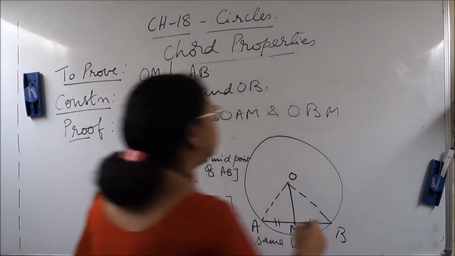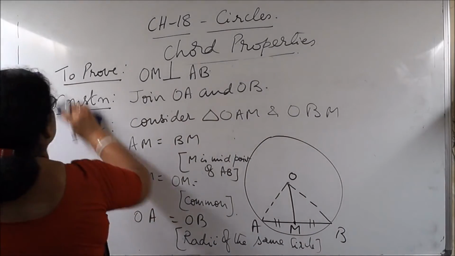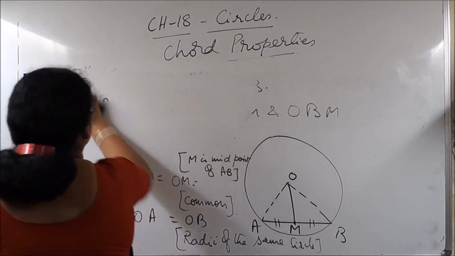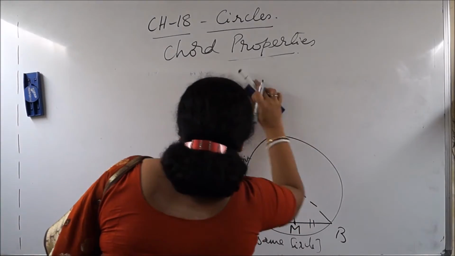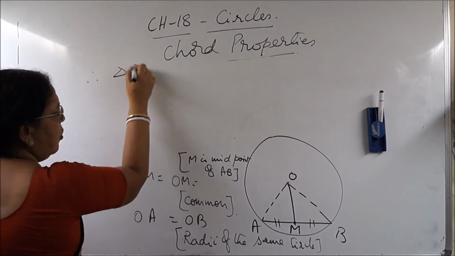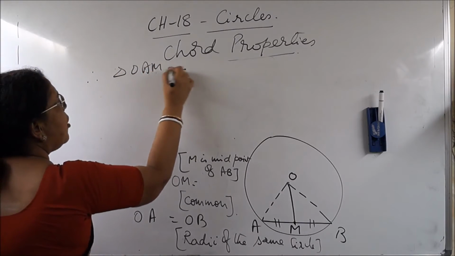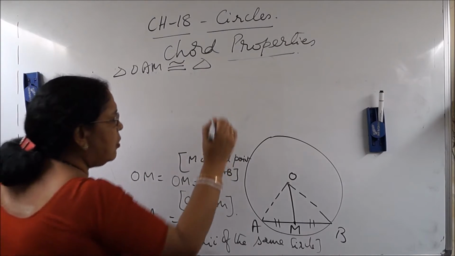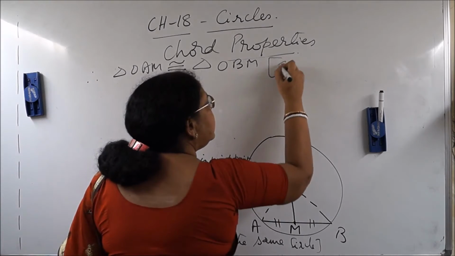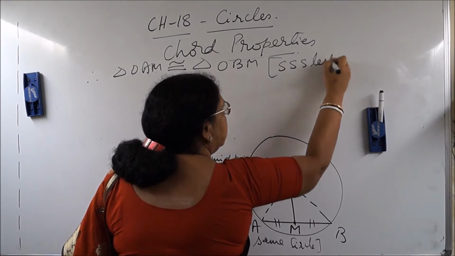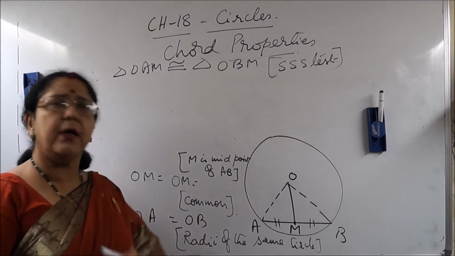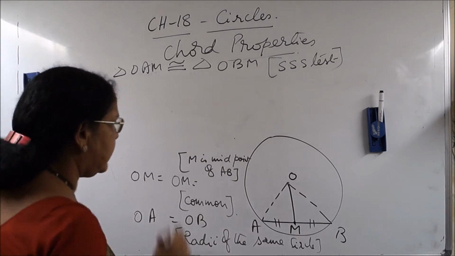So it follows, therefore, triangle OAM is congruent to triangle OBM by the SSS test: three sides of one triangle are equal to the corresponding three sides of the other triangle, then they are congruent.